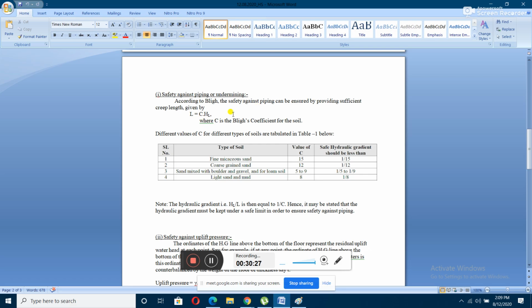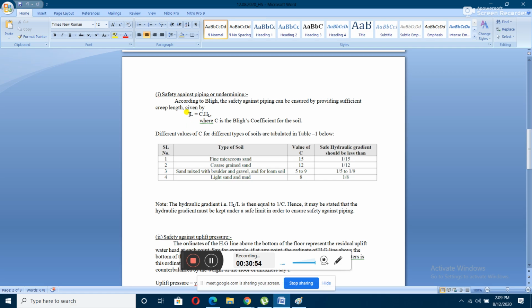This constant depends on the soil properties and has been calculated from soil testing. For various types of soils, the value of C ranges from 5 to 15. For a particular type of soil it will be constant. So HL is known to us, and we can find C from the soil properties.